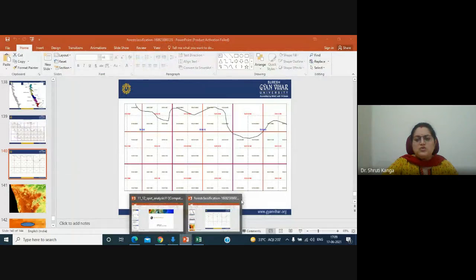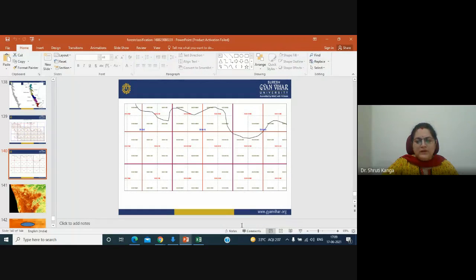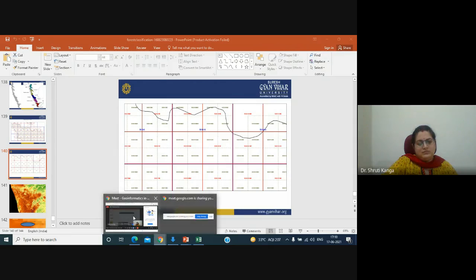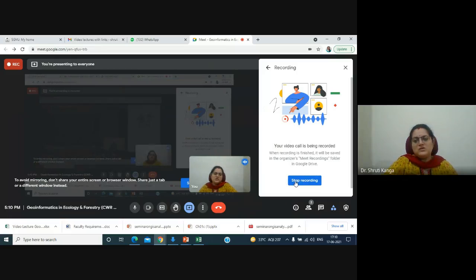So the main aim of showing you this case study is to make you familiar with what kind of studies various organizations are doing as far as the forest applications of GIS are concerned with reference to forestry. So with this, I would like to conclude my talk, where we have done these forest types as per the classification of Champion and Seth.